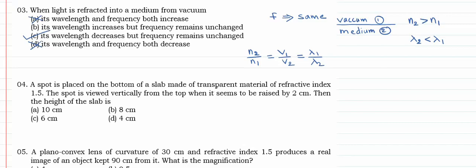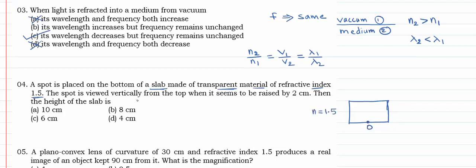Clear? Next, fourth one. A spot is placed at the bottom of a slab made of transparent material of refractive index 1.5. Think of it as a glass slab with a spot at the bottom, the object O. The refractive index of the slab is 1.5.